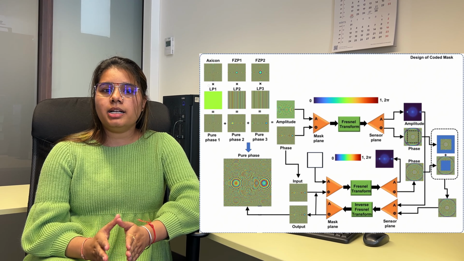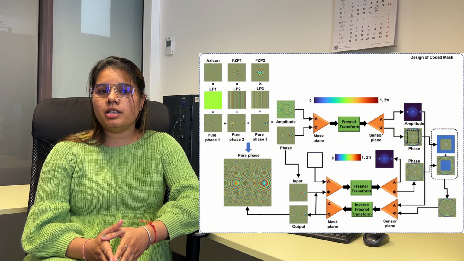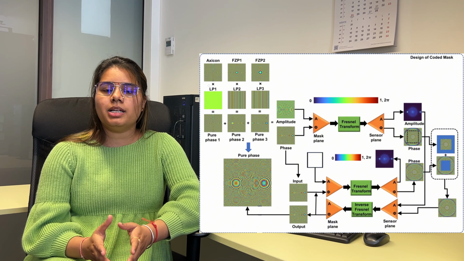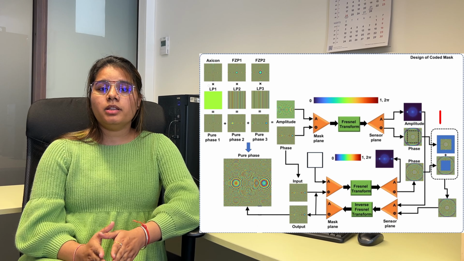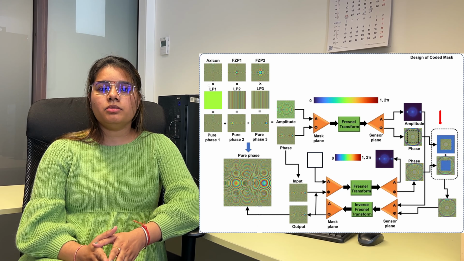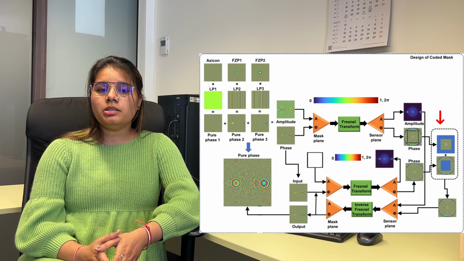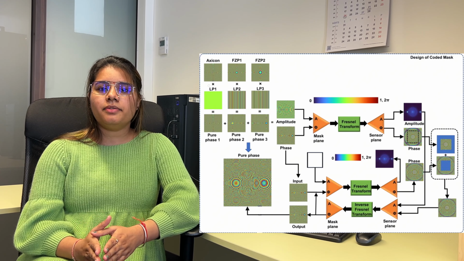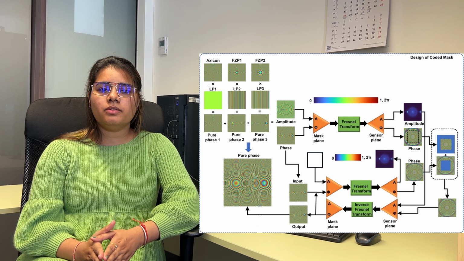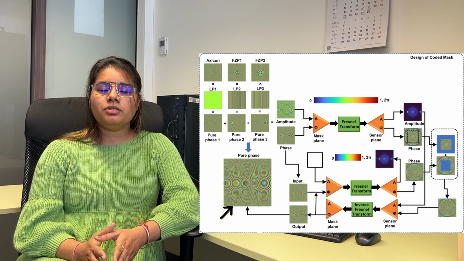And then the resulting phase after the Fresnel transform is partly replaced by the ideal phase. The ratio between the number of pixels replaced and the total number of pixels in the matrix is the degree of freedom. This process is iterated until the phase function in the mask plane converges to an optimal one, as shown in the figure.